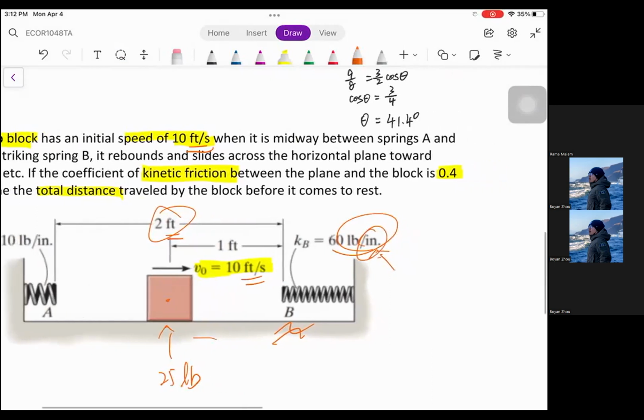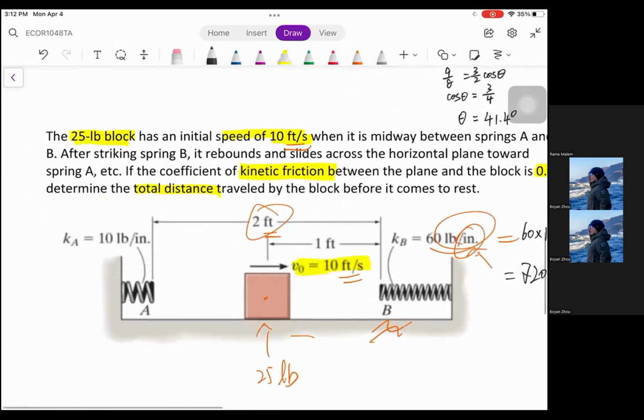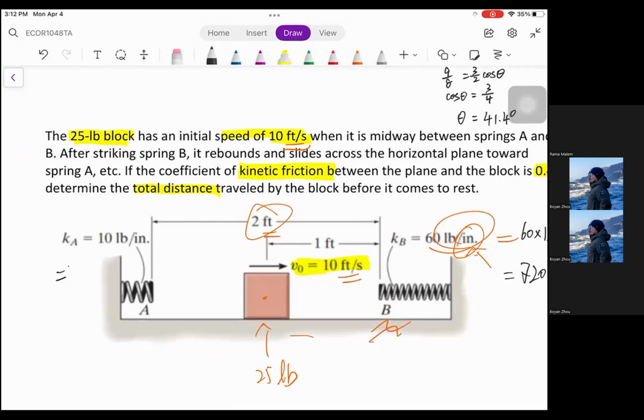So first we want to convert this unit to pounds per foot. 60 pounds per inch times 12 is equal to 720 pounds per foot. And we want to do the same thing for the left one, 120 pounds per foot.